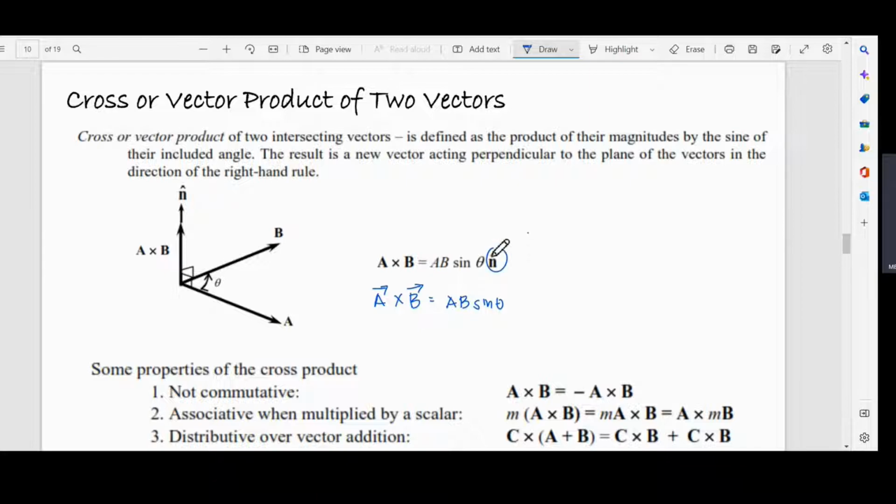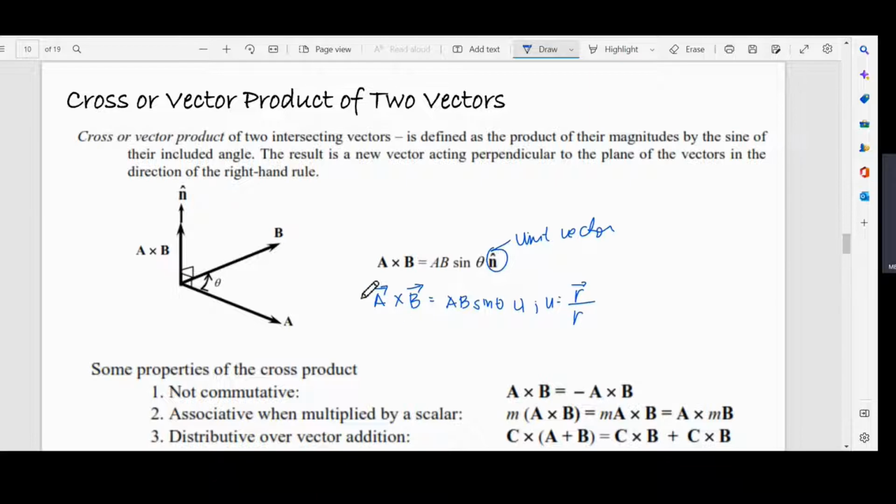And this n hat is our unit vector, also known as our u. Okay? U, in which our u is equal to the position vector r divided by the magnitude.